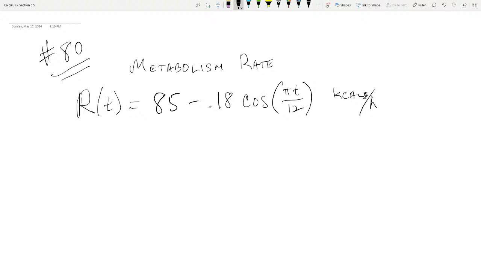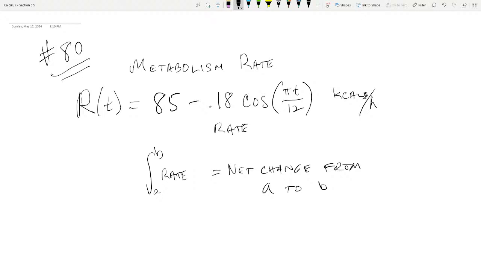So this is a rate, and when you put a rate into an integral, then after you take the antiderivative and plug in the bounds, you get the net change from A to B.